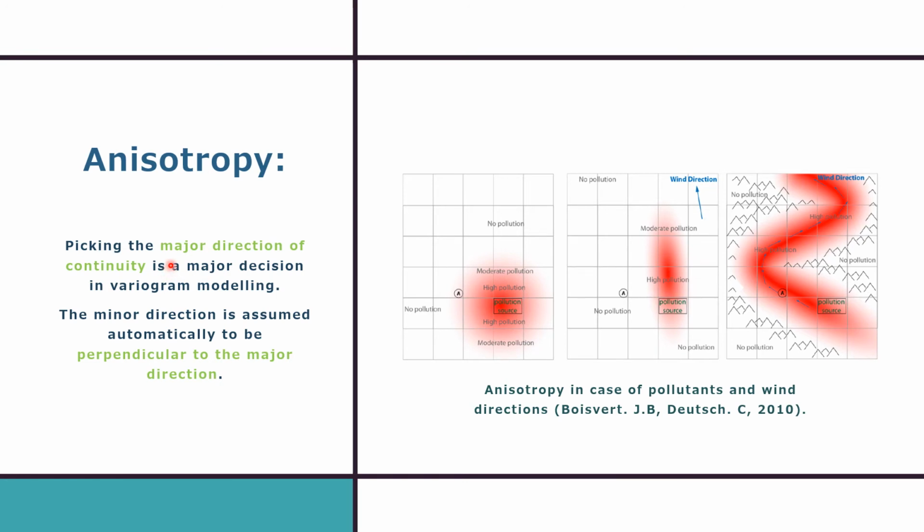And that's the direction along which we start picking pairs of points, because that's the direction we're expecting to see the highest levels of continuity in terms of our variable, whatever that variable is. And in the context of kriging, the minor direction of continuity is automatically defined perpendicular to the major direction. We'll talk more about that in the next slides.